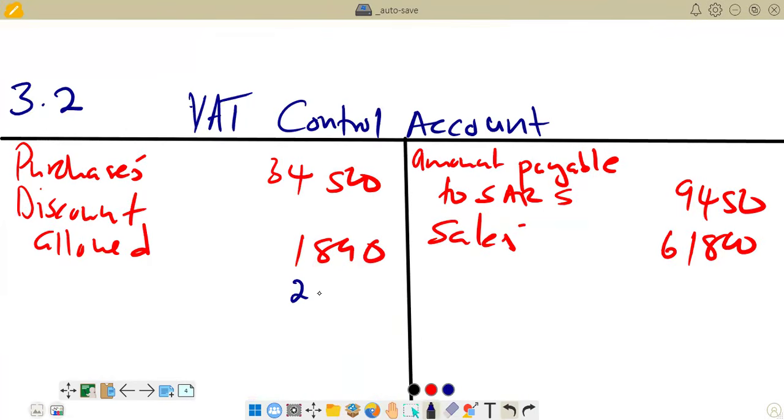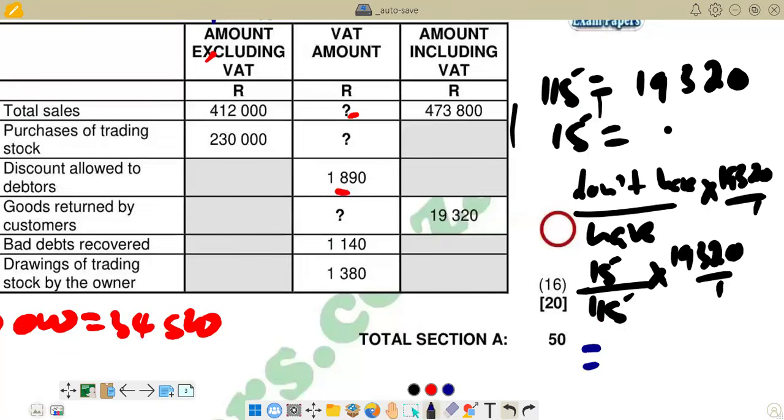2,520. Let's see what we are having there. What's the description? This is goods returned by customers, so they are sales returns. So we are going to put them on the debit side.